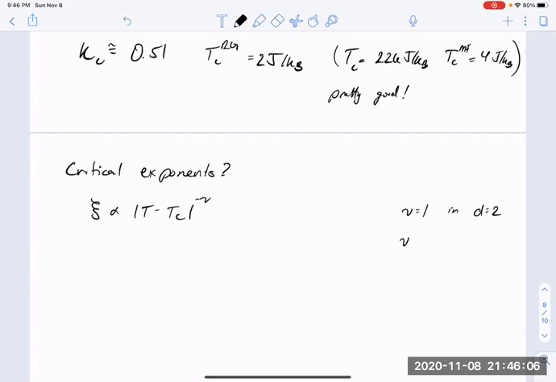We predicted in mean field a value of 1/2. We don't really work with temperatures in RG. We work with those coupling constants, but they're simply related. So we expect the correlation length to diverge as k approaches its critical point.